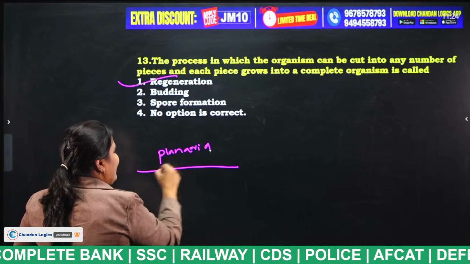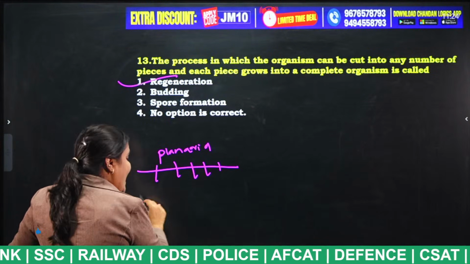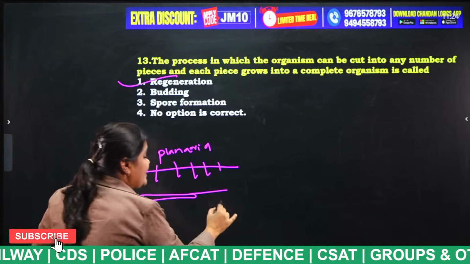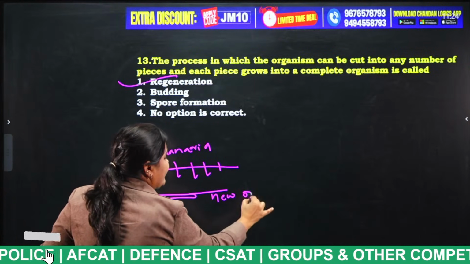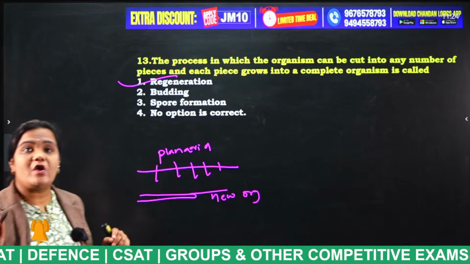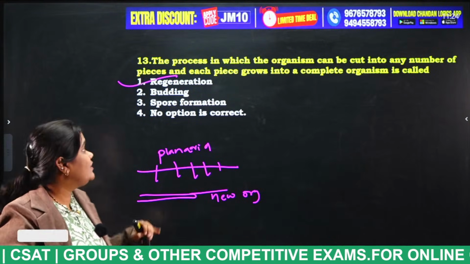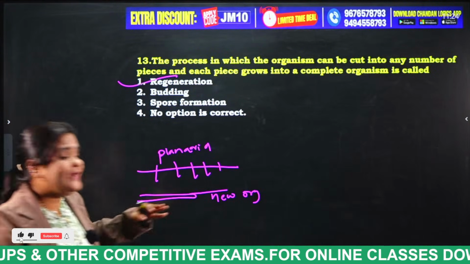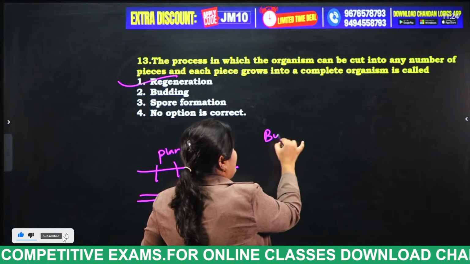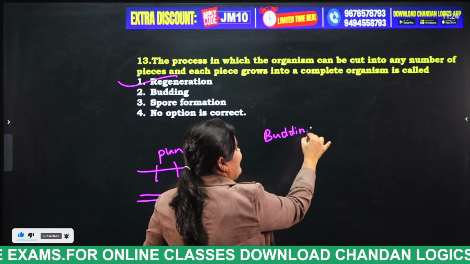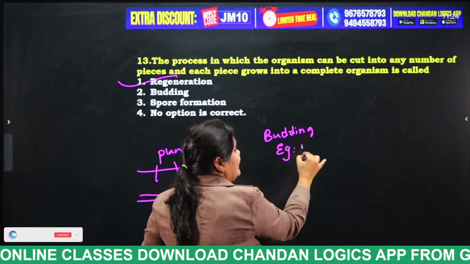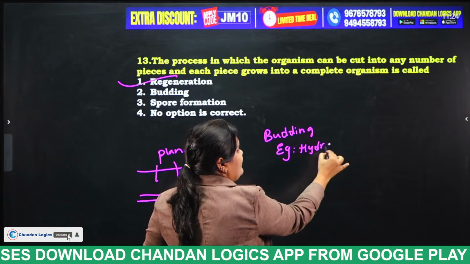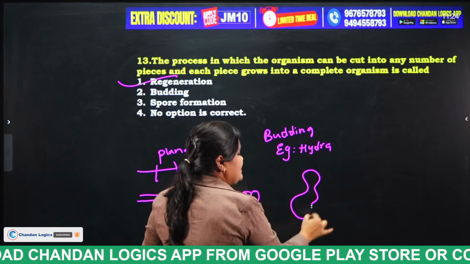For example, imagine this is a planaria. I have cut this planaria into pieces and again each piece is going to be regenerated as a new organism, and that process we call it as what, students? Regeneration. Very good. And what do you mean by budding? What is the perfect example, students? Hydra. The perfect example for budding is Hydra. Imagine this is Hydra.